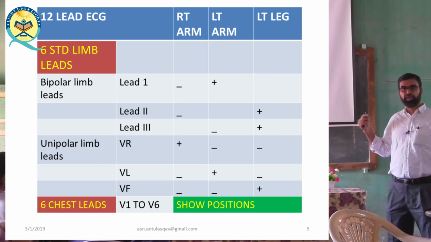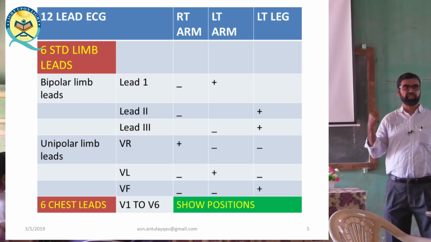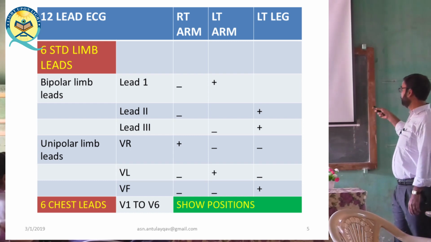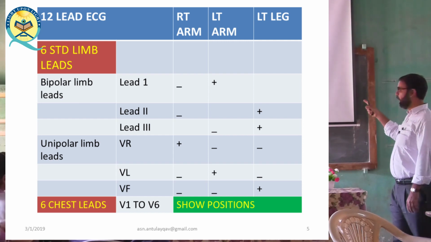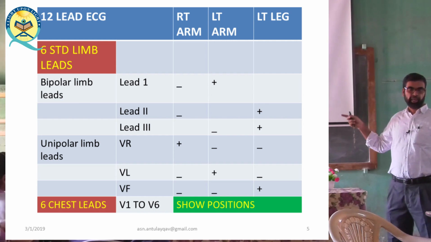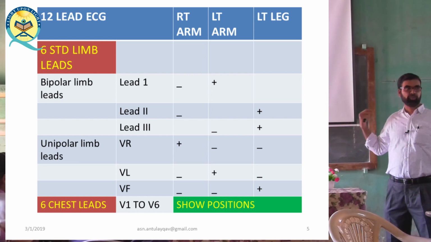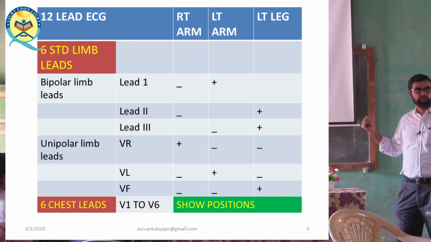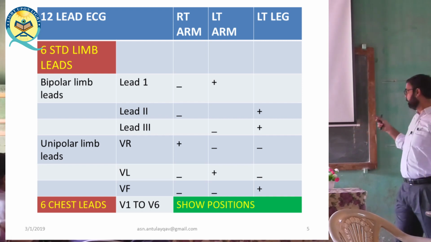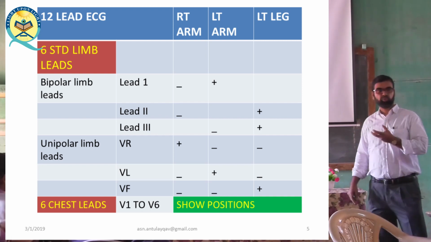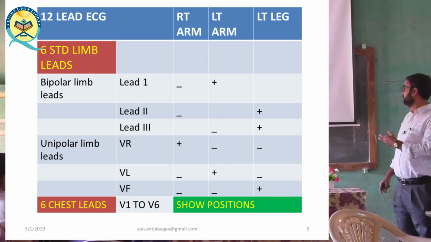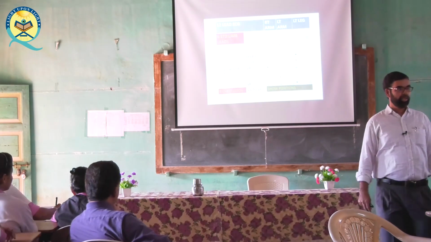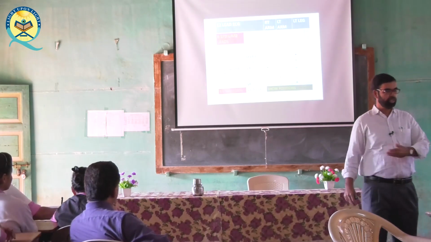When we speak of aVR, only the positive is attached to the right arm and the other two are negative. R for right, so right arm; L for left, so left arm positive and all others negative; and F for foot, so foot positive and others negative. And V1 to V6, that is mentioned here. I will show you their respective positions, how to take ECG, later on.